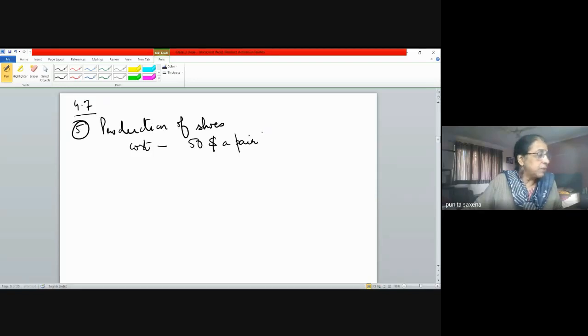So that means it costs $50 to produce one pair, and it estimates that if they are sold for x dollars a pair, so this x is my variable now, which is the selling price, right? The consumers will buy approximately. Now we are given a function, okay? And the function is S(x). It is defined in terms of x.